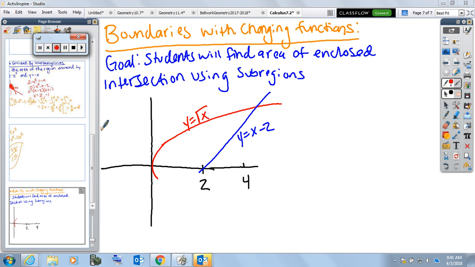The red is y equals root x. The blue is just a straight line of x minus 2. And so the goal is to find the area under these two specific curves.